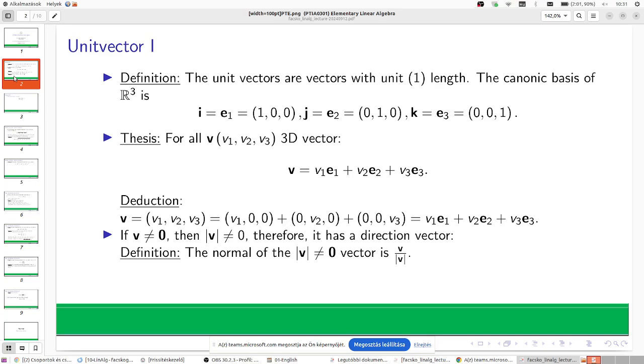This vector has components, and you can get this vector as the sum of three different vectors.